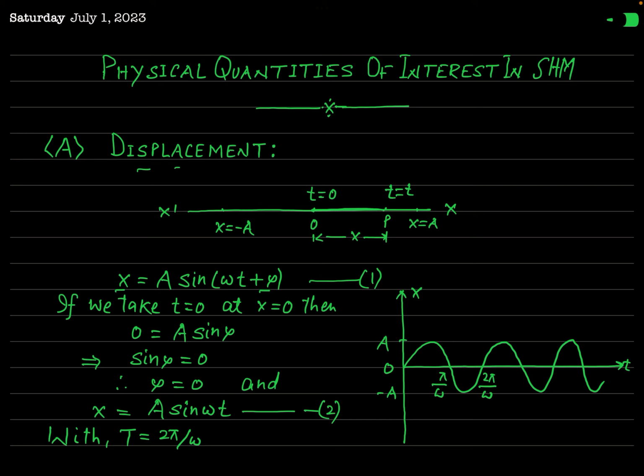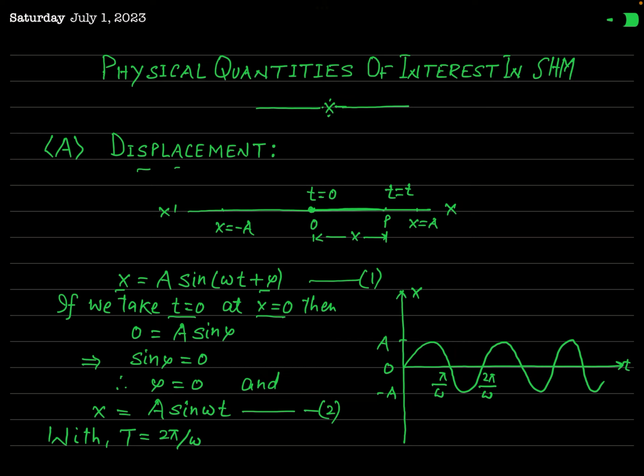So for simplicity, in the present lecture, for all calculations, I am considering that when the particle passes through the equilibrium position, we consider t equal to 0. This is just an example for simplicity. So you can say that t is equal to 0 when x is equal to 0.